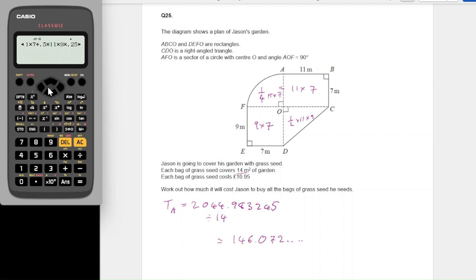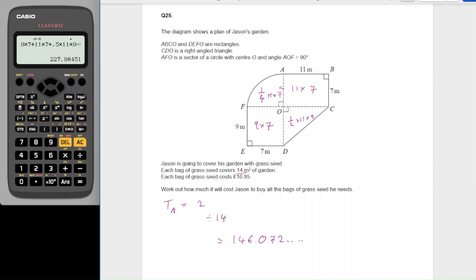You might have spotted this as I did it. This should have been a plus, and I've put it in as a multiply, so that sounds much more likely. So always good to double check our calculations.